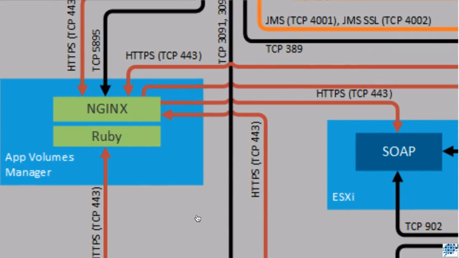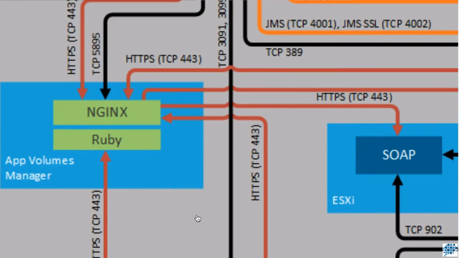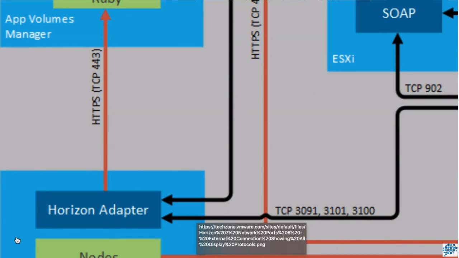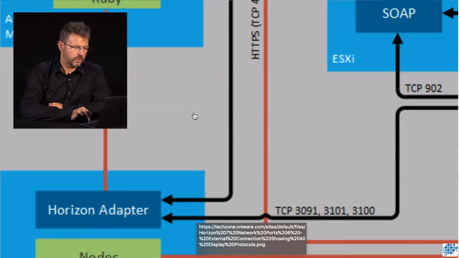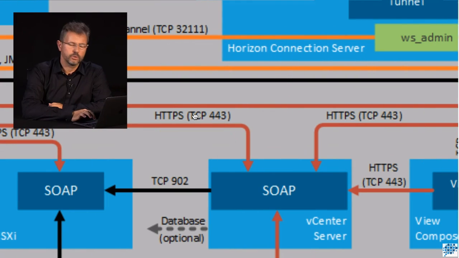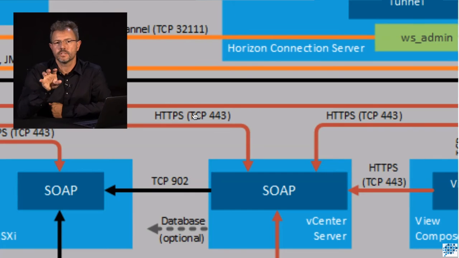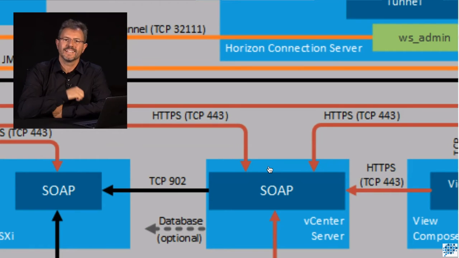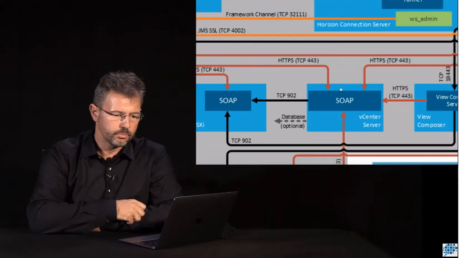And the App Volumes Manager, in turn, is also talking to vRealize Operations and also to your vCenter server. Why is it talking to the vCenter server? Because the vCenter server is telling the ESXi hosts, if it's configured that way, that some app stacks should be attached to the currently logged-on virtual machine so that applications become available.